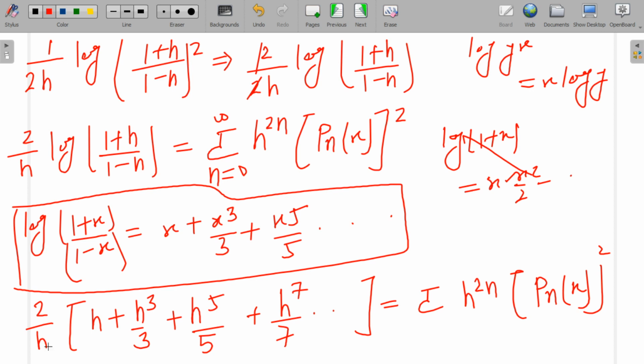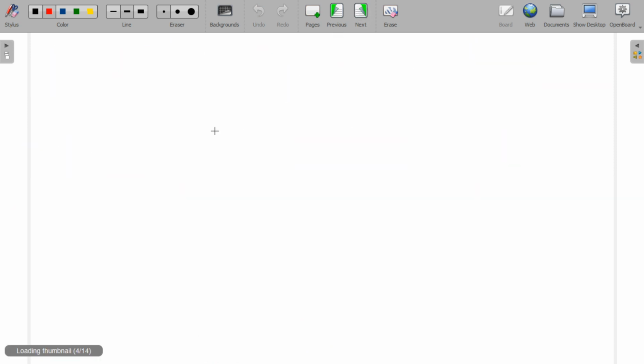This can be written as, if I am taking common h from this expression, so that this is equal to 2 upon h. I am taking common h.